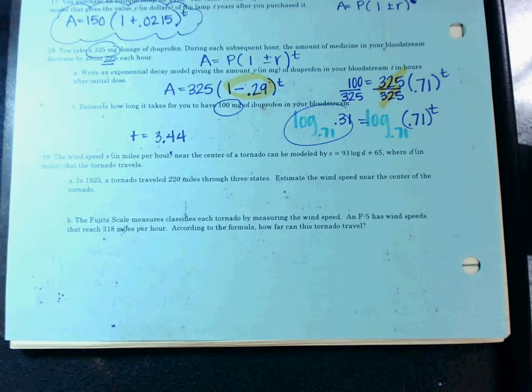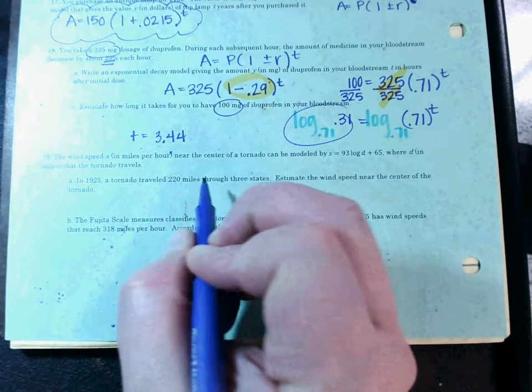Alright, last one. Wind speed S near the center of a tornado can be modeled by that, where D is the number of miles that the tornado travels. In 1925, a tornado traveled 220 miles through three states. Estimate the wind speed near the center of the tornado. Where are we plugging in 320 miles?